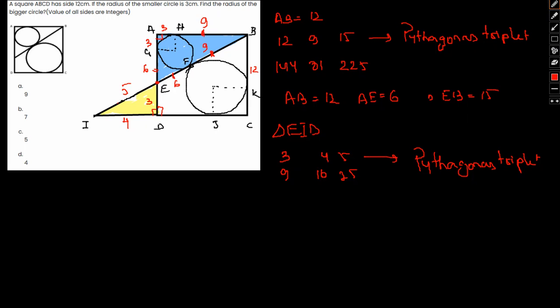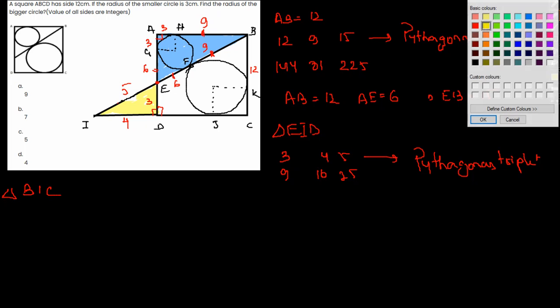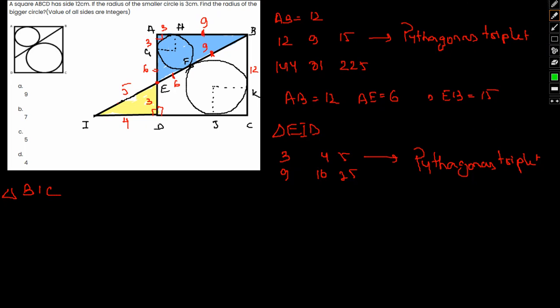Now, if I am to find the radius of the bigger circle, okay, so this is what we have. So therefore, if we focus on triangle BIC, let me just highlight that triangle now. Triangle BIC, this entire thing.